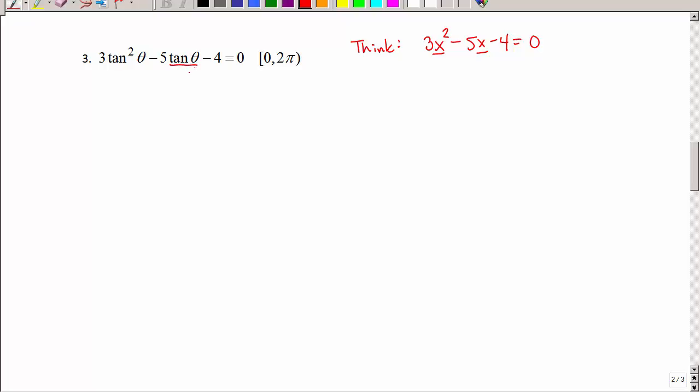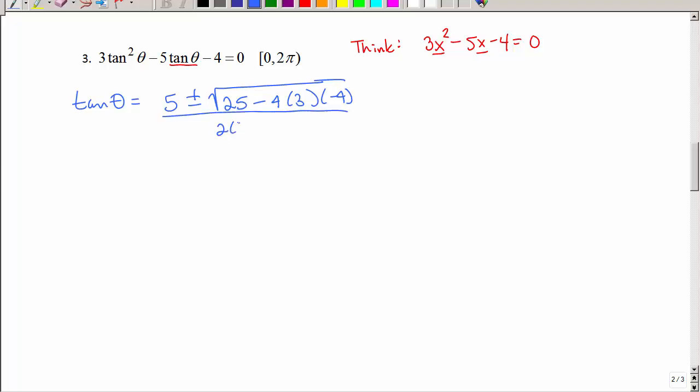I don't have x. I have the tangent of theta, or the tangent of x. So I need to say the tangent of theta equals negative b plus or minus the square root of b squared minus 4ac all over 2a. And so yes, we're going to need a calculator.